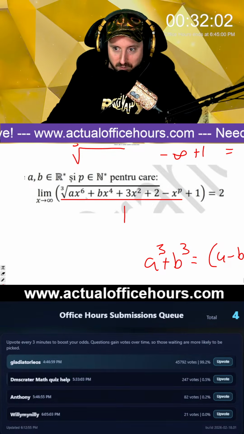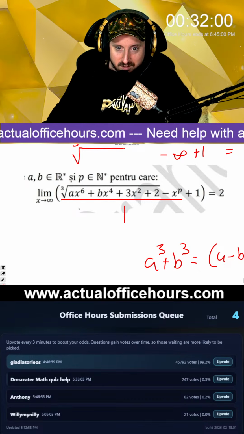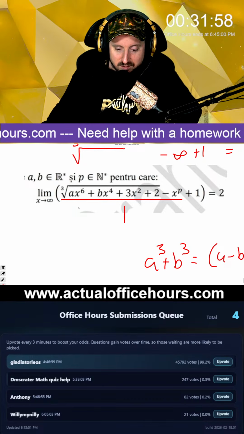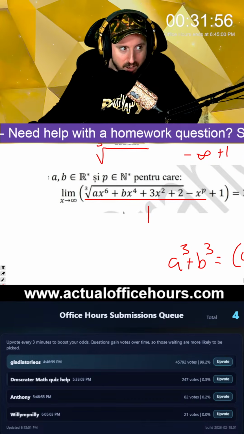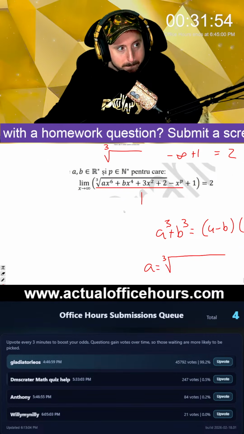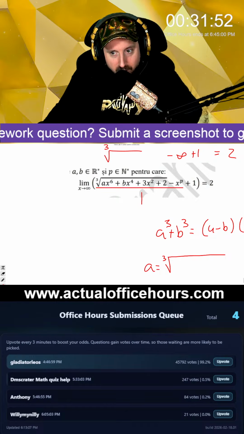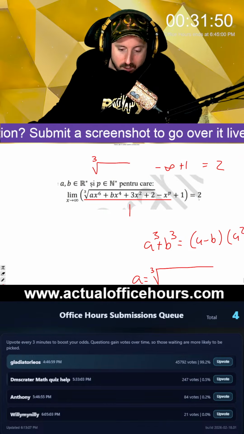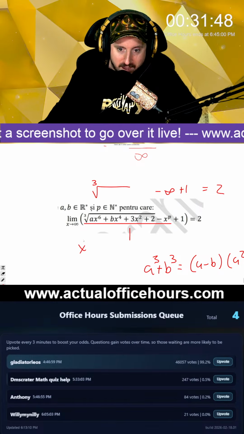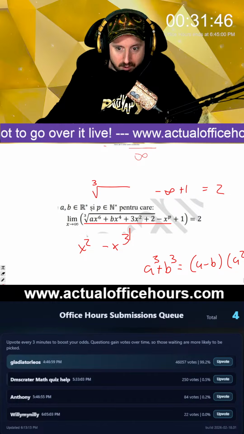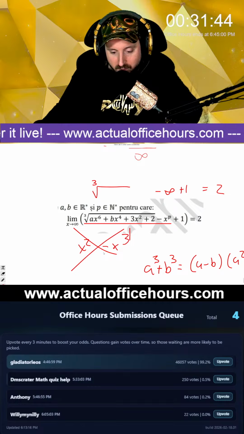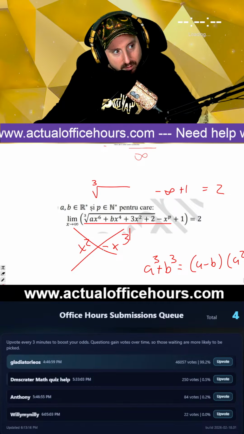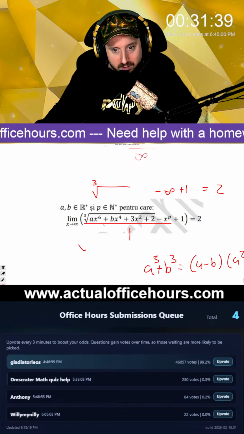Yes, I agree p equals 2 might work. This is where I wanted to do, like, L'Hopital's rule, right? And then greater than 3 won't work because then you have x squared minus x to the third. And that'll also never work. Yeah, exactly. I get it.